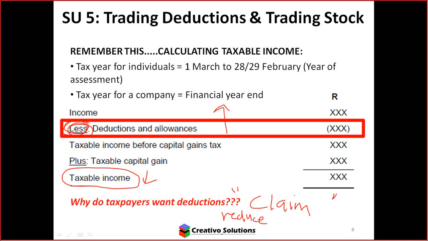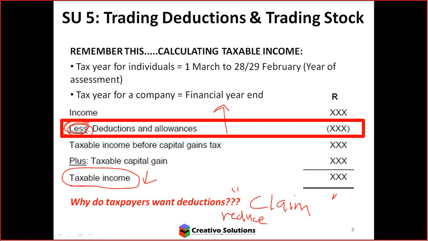Yeah, so in a way you're right in terms of cash flow, because do you agree if there's a deduction, does that increase or reduce the taxable income? If there's a deduction, that decreases the taxable income. Okay, correct. It would decrease the taxable income that you would have to pay.